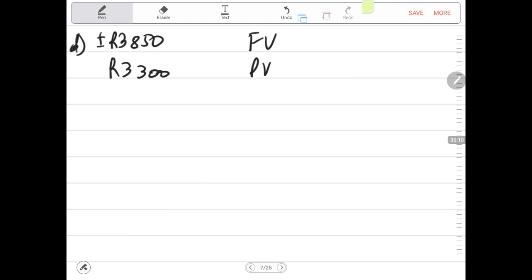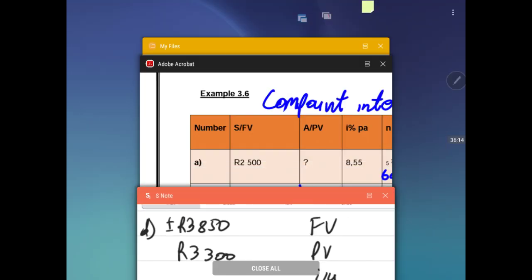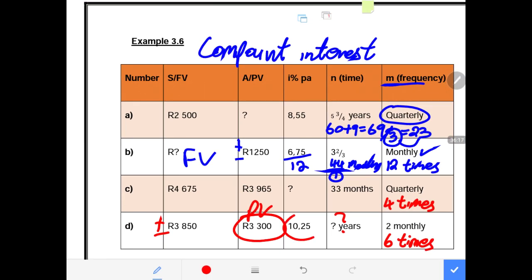This is our PV, and our interest is 10.25 divided by the number of compounds in a year, which is 6 times a year.